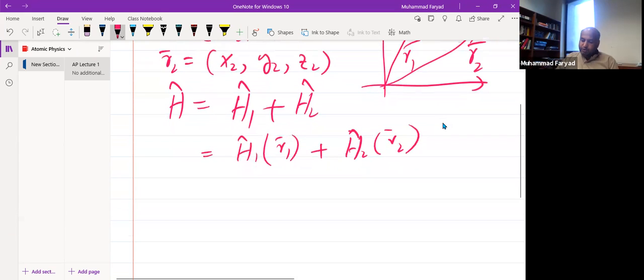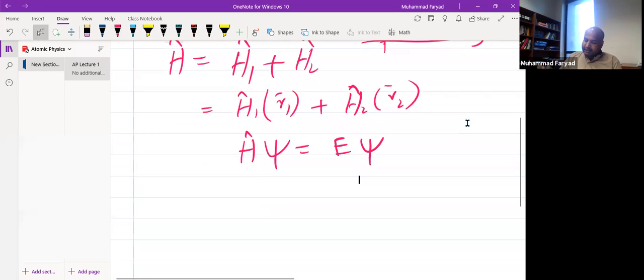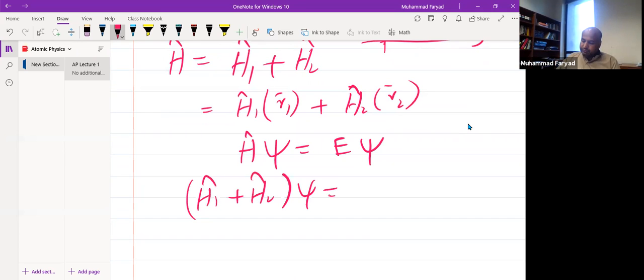If we have a Hamiltonian like this, which can be broken down into two terms depending on different coordinates, we can write the time independent Schrodinger equation for them and simplify it considerably. This H can be written as H1 plus H2, and psi is the total wave function of the two particles.